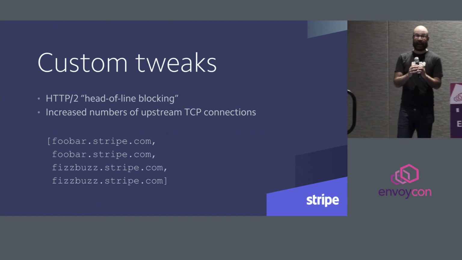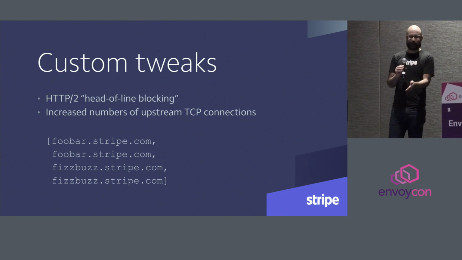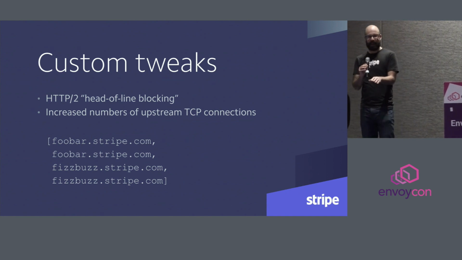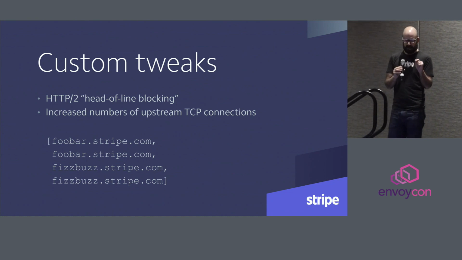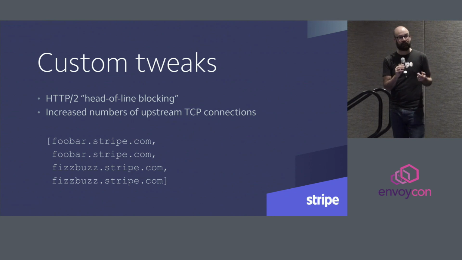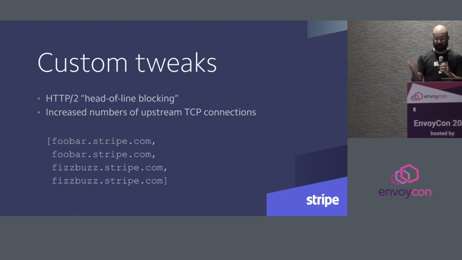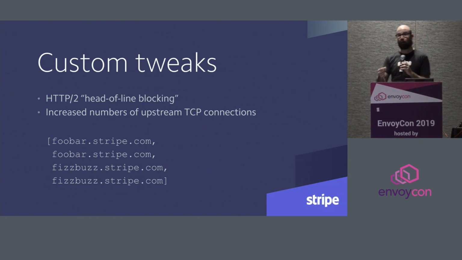And we did this by telling Envoy to use these upstreams. So as it turns out, this isn't actual Envoy config, as you can tell, but Envoy is more than happy to open twice as many TCP connections to foobar.stripe.com if we tell it to. So this was a little unexpected, but it was great because now we have the best of both worlds.